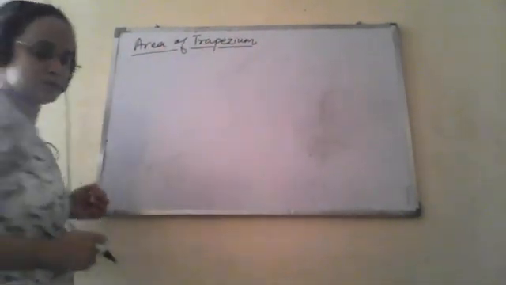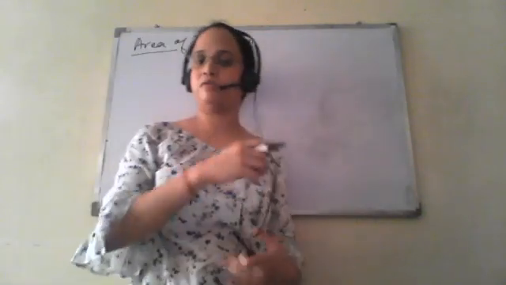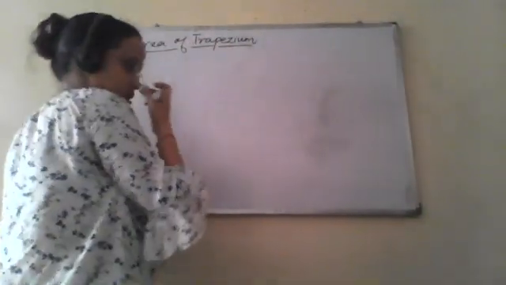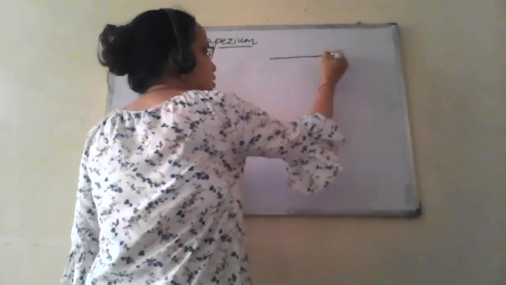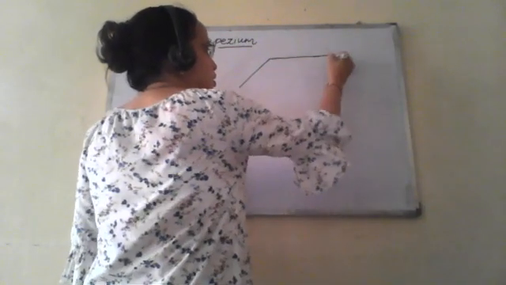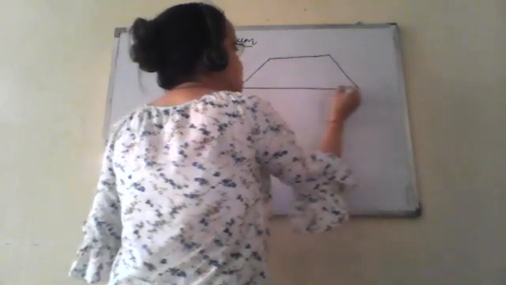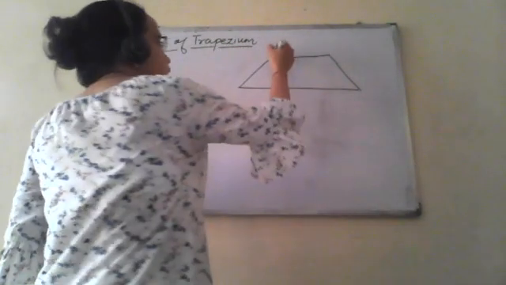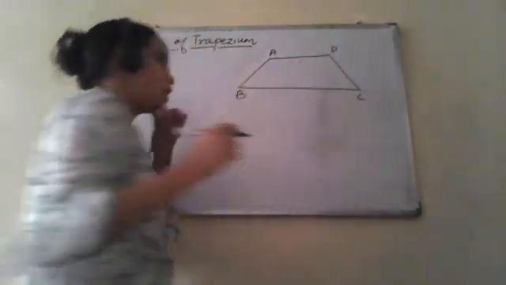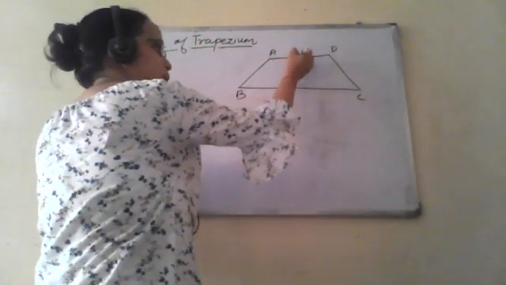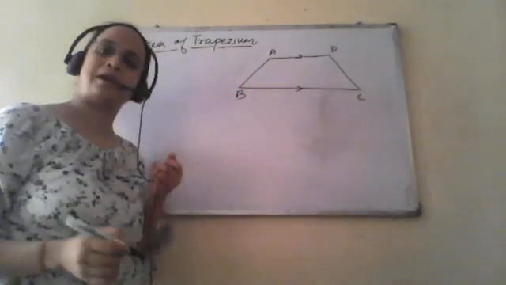So trapezium is a type of quadrilateral having 4 sides. So what are the properties of trapezium? This is a trapezium. Okay. A, B, C, D. Now a pair of opposite sides are parallel.